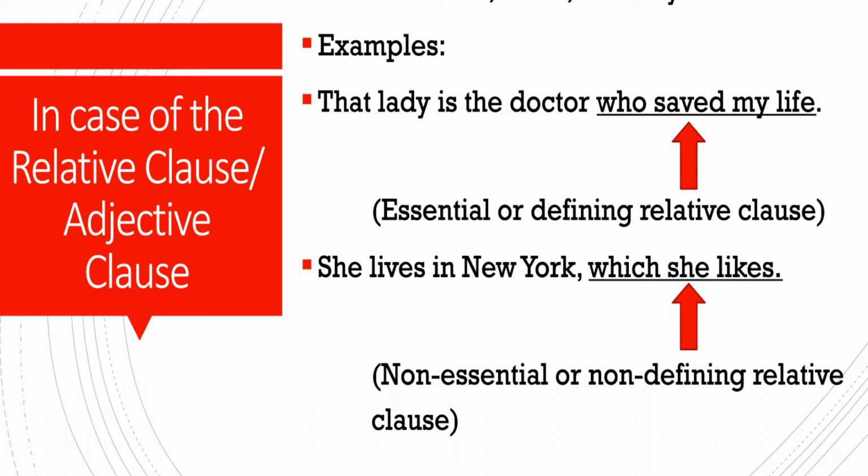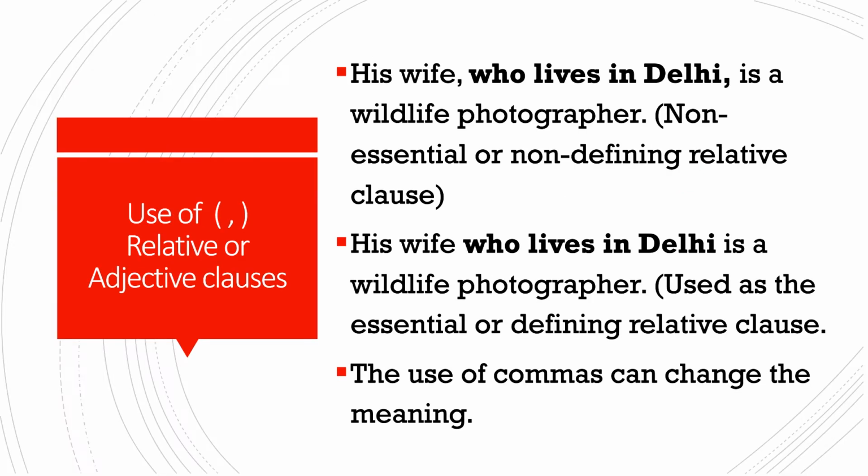If we remove it, even after that, the meaning is clear and it's just additional information. So, when the relative clause is giving extra information, it's a non-defining, non-essential relative clause, we use comma with this.